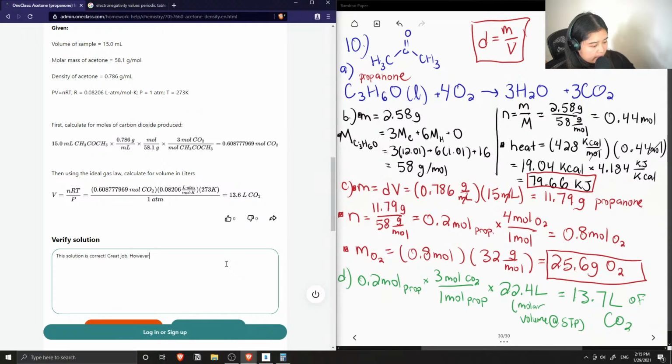However, the approach for part C was also correct.